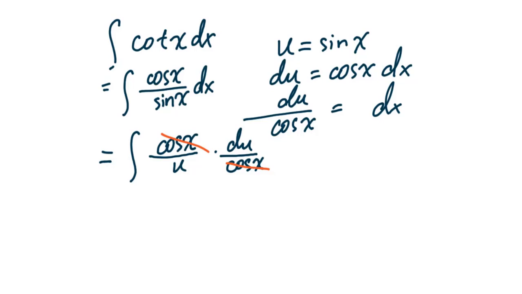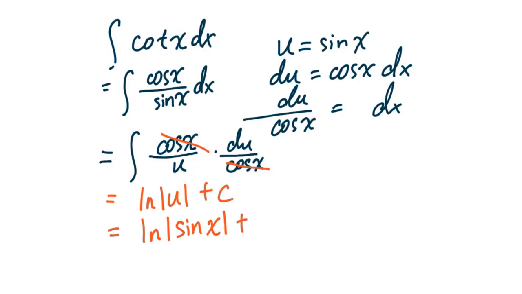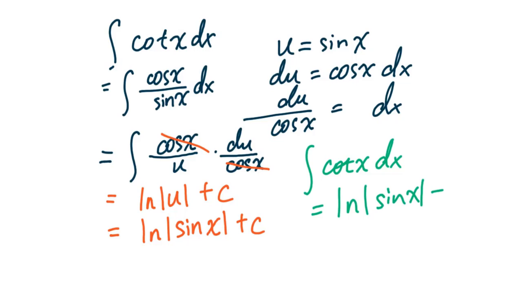Reduce. You will get natural log of absolute value of u plus c. Natural log of absolute value sine x plus c. Here's the rule. Integral cotangent x dx equals natural log absolute value sine x plus c.